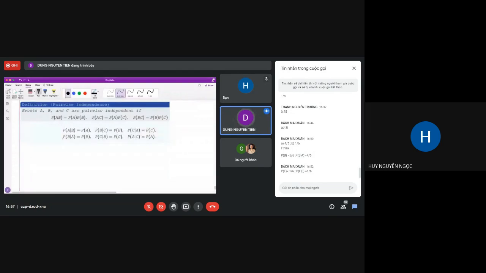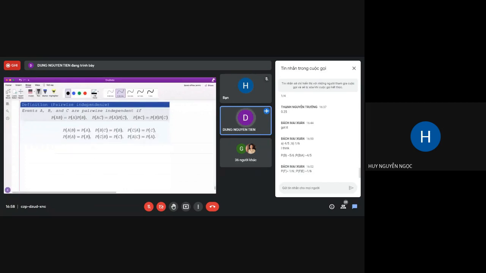Then we say that they are pairwise independent if any two of them are independent. For example, A and B are independent, A and C are independent, B and C are independent. If so, you can say that they are pairwise independent.